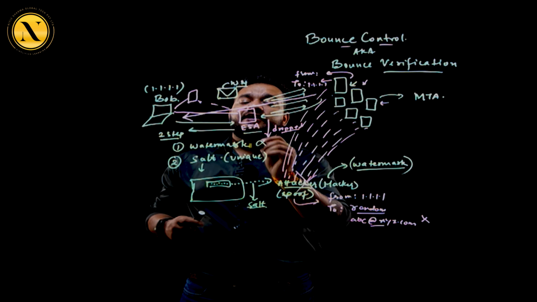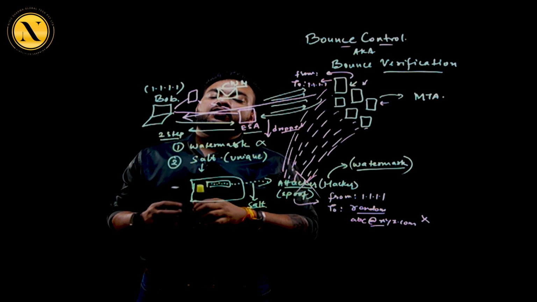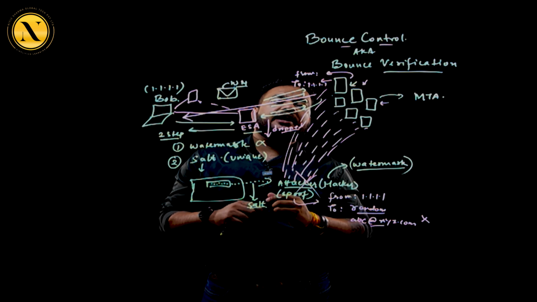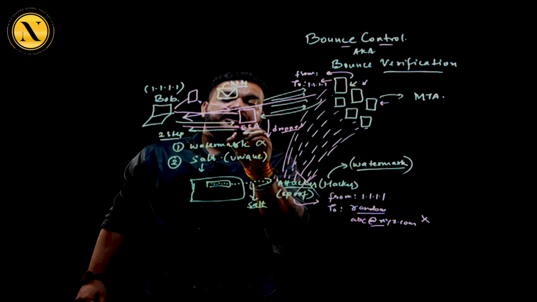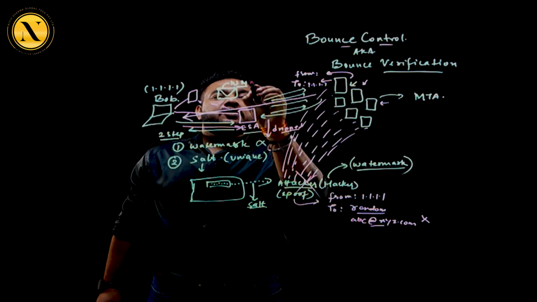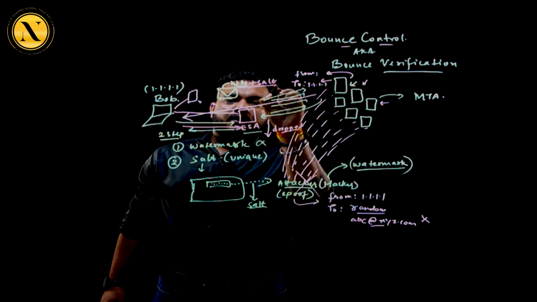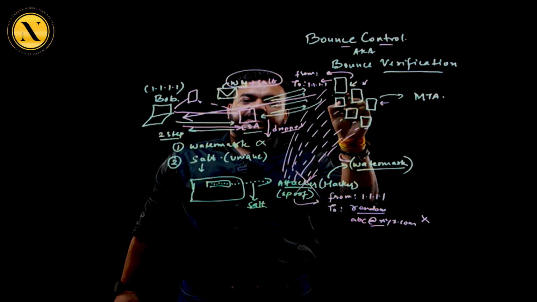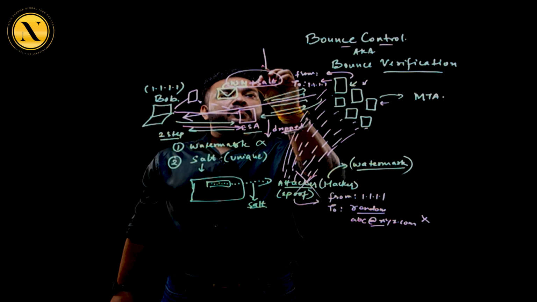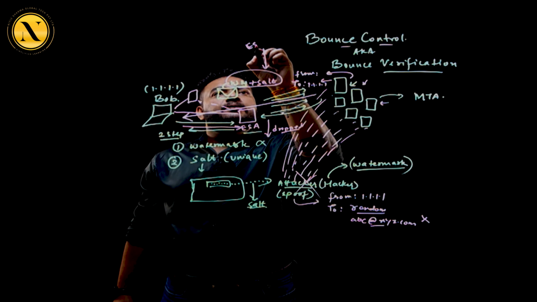So now whenever there is an email going from Bob towards a random mail transfer agent, ESA is going to add the watermark plus a unique salt value, and then that email will be sent. Who knows this salt value in the world? Only your email security appliance.